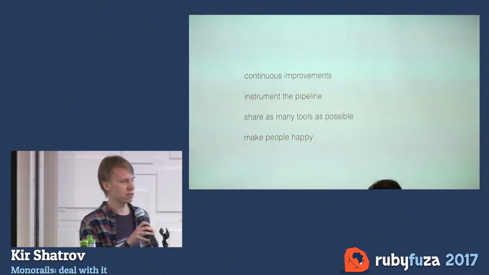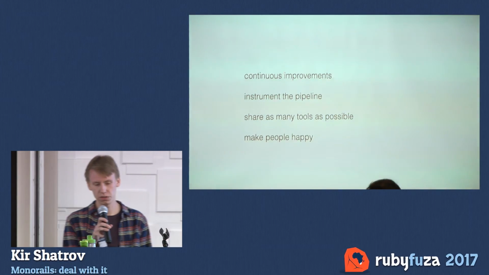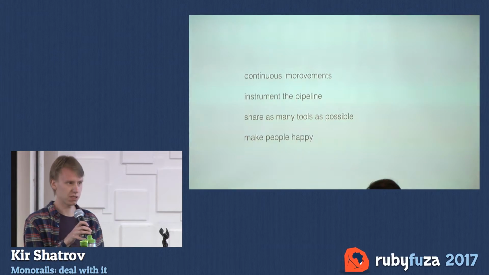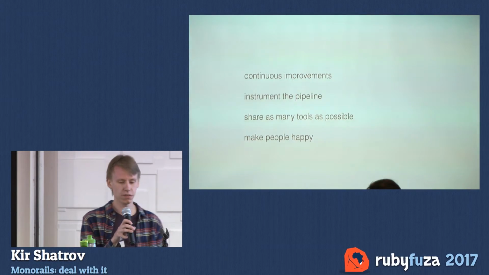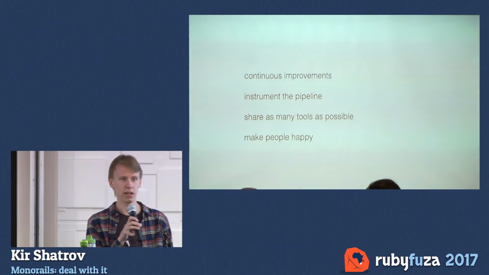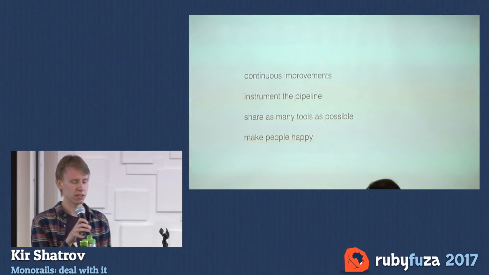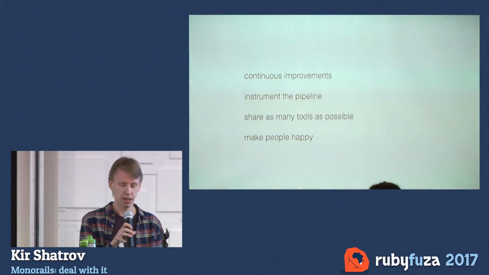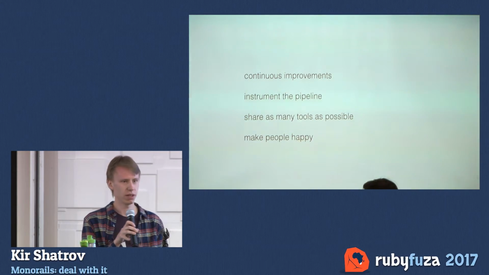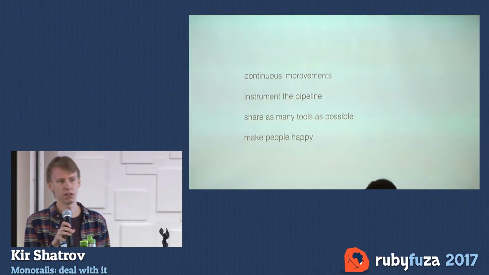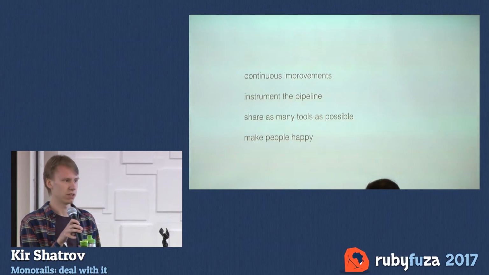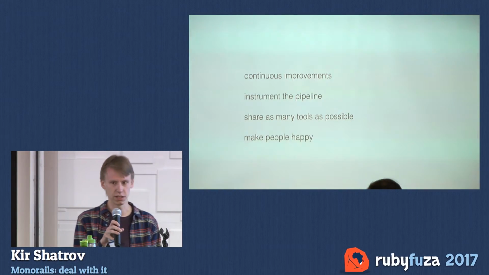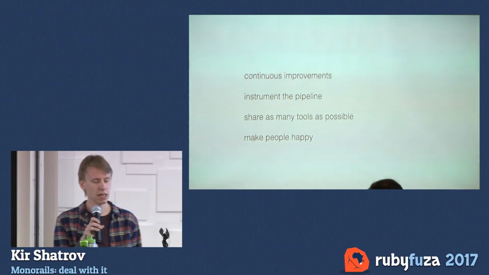So to summarize, we do continuous improvements of the deploy and CI flow. And what I really like about what our team does is that we make life of all our developers happy. And they were so happy when we introduced new VMs instead of Vagrant, because they didn't like Vagrant, and it was a very bad experience.